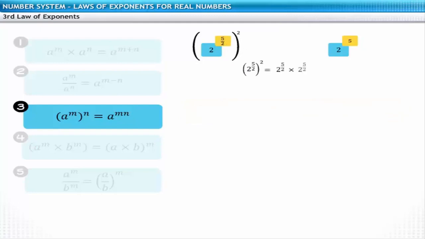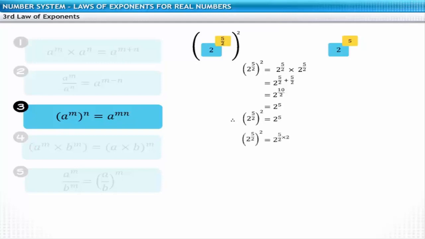Applying the first law of exponents, we can express this term as follows. On simplifying the first term, we arrive at the fact that the two terms are equal.